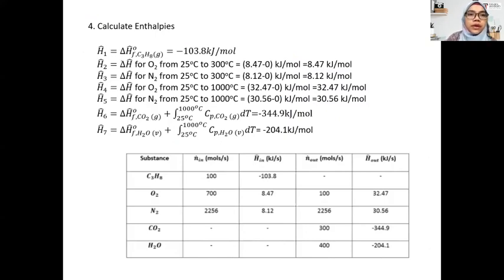Example here for propane, we can determine this from the reference table. Then the same goes for oxygen and nitrogen, which are the elements given in the table as well. Then you can perform this for CO2. Because for CO2 we have the heat of formation at 25, but since the temperature is 1000, we proceed to perform the Cp calculation here.